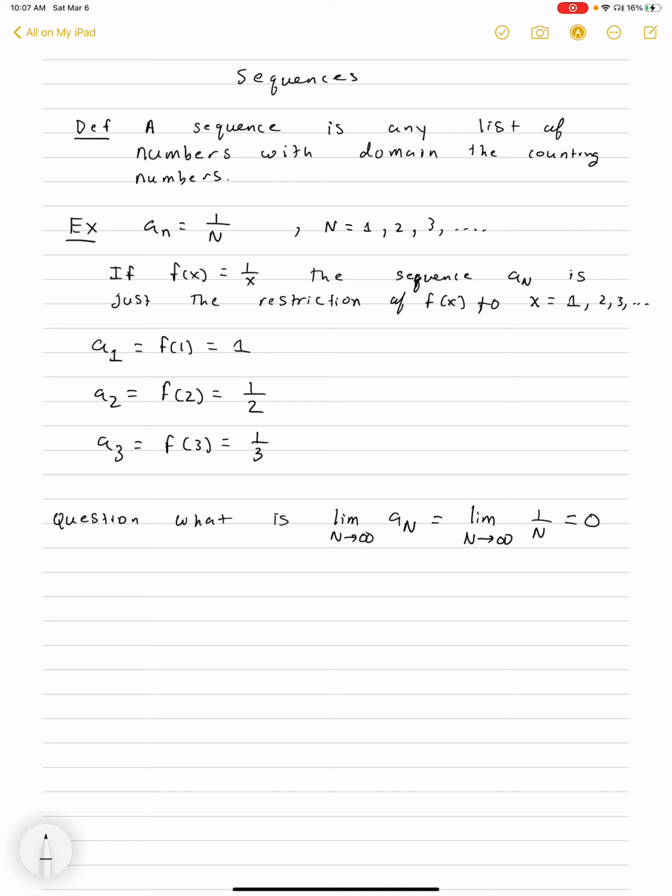Okay. Now, here's another convention or definition, and this one we're going to use a lot. We say the sequence a sub n converges if this limit as n goes to infinity of a sub n equals L, and L is finite.